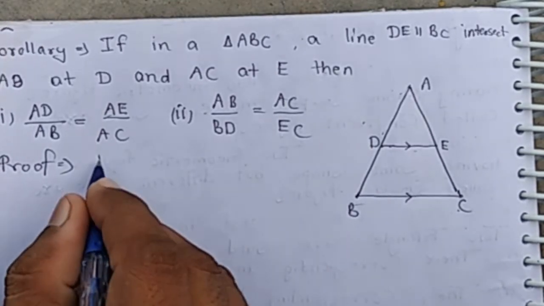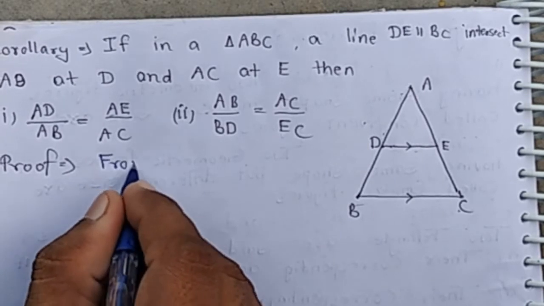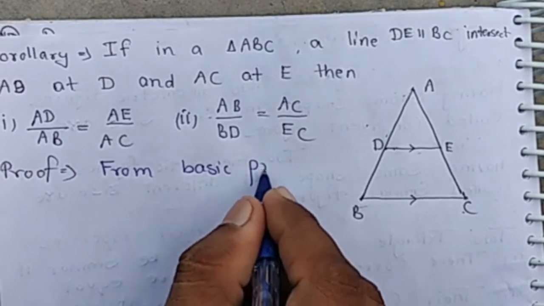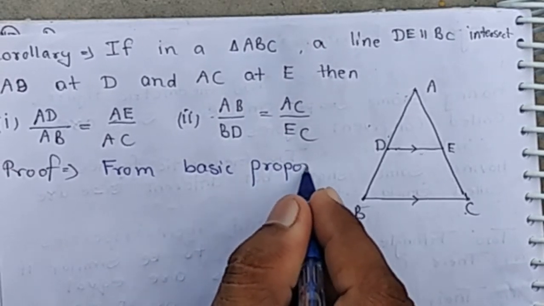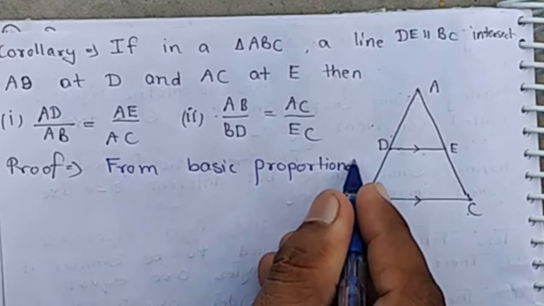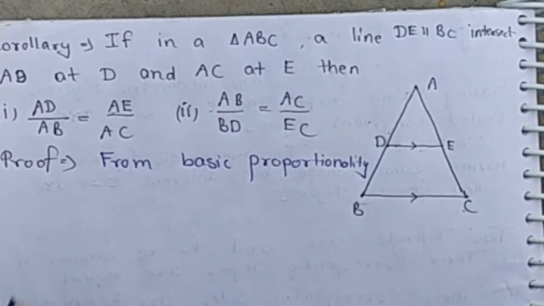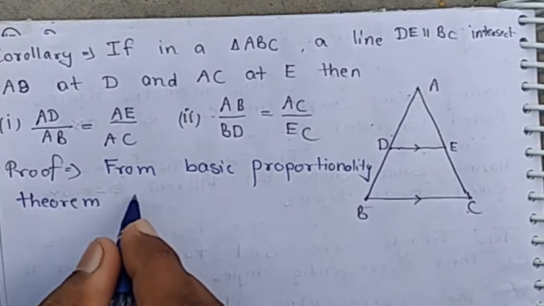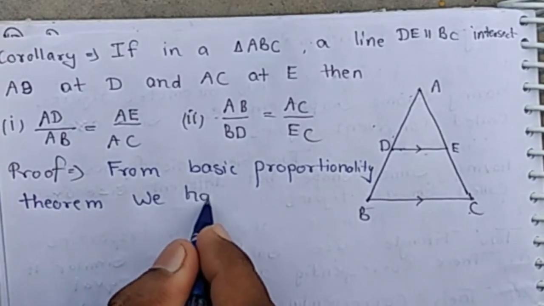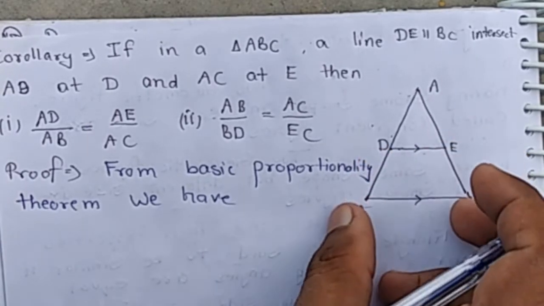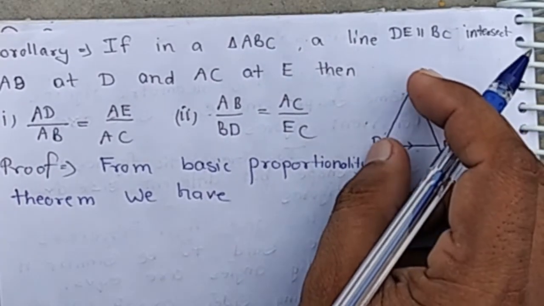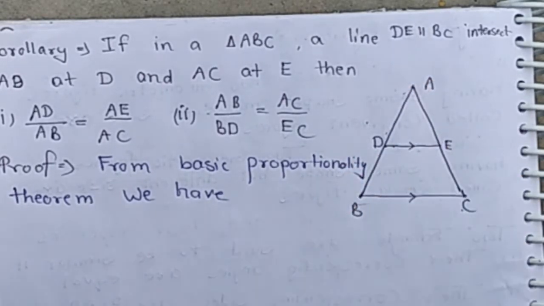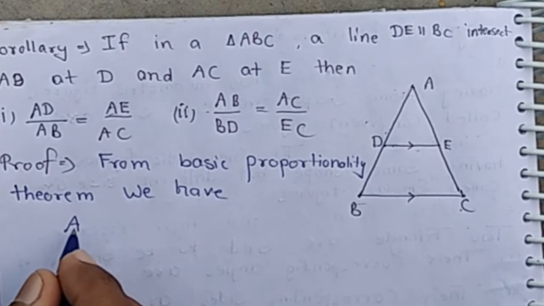Means from the basic proportionality theorem, we have, if DE is parallel to BC, then the ratio of AD and DB is equal to the ratio of AE and EC.